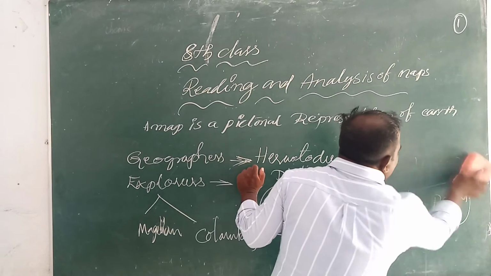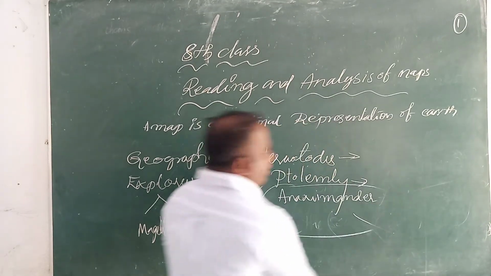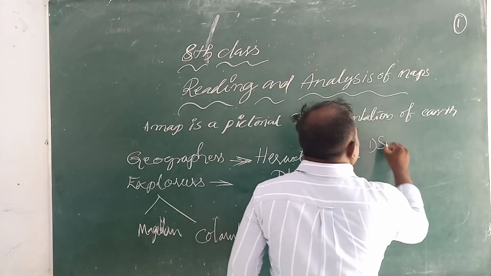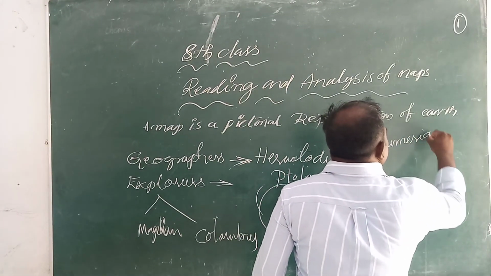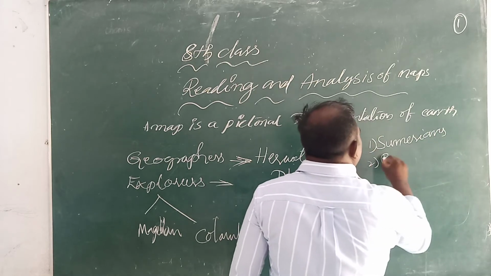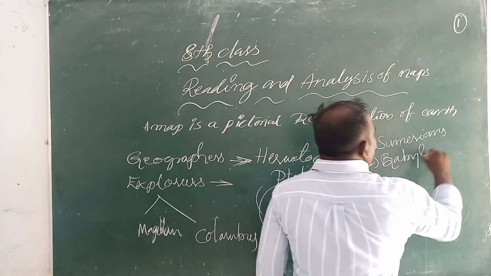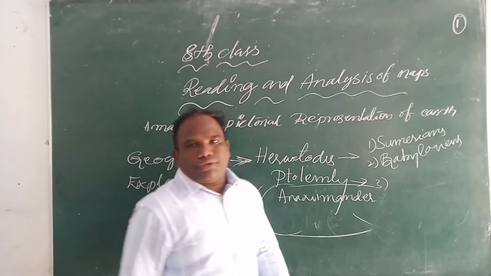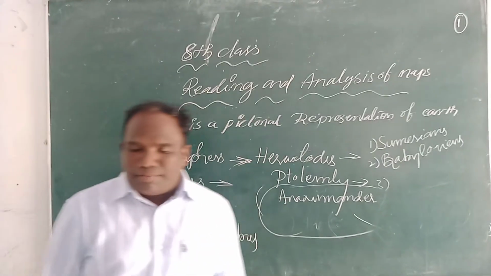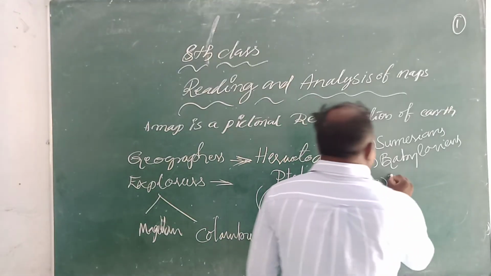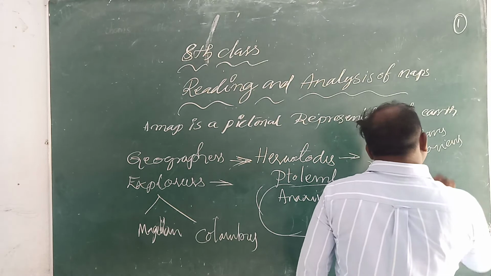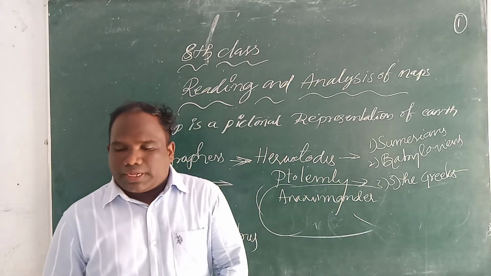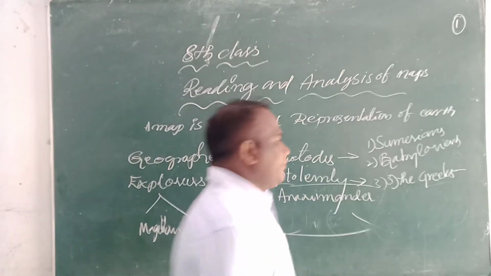How many countries used maps? First Sumerians, second Babylonians, and the Greeks, and Arabs and Chinese.